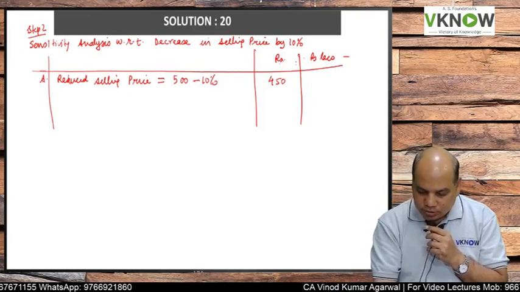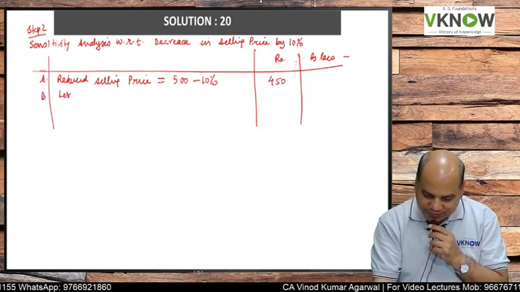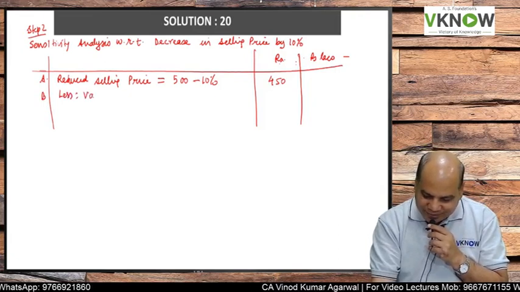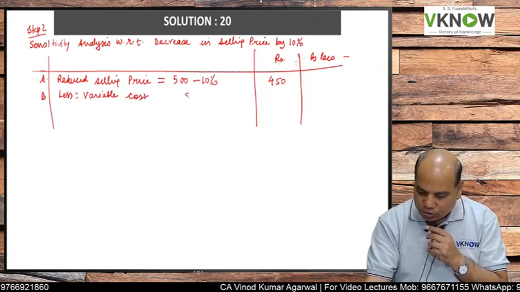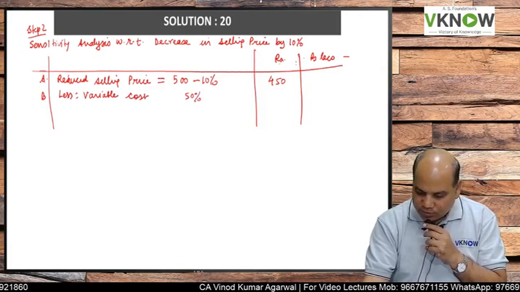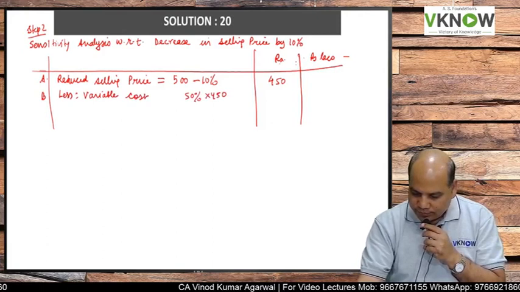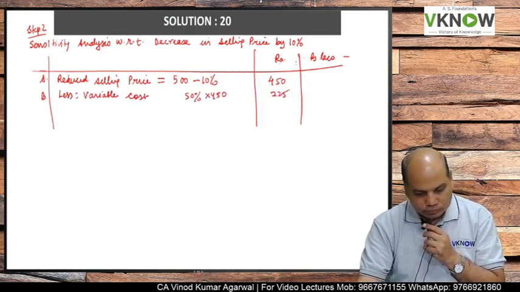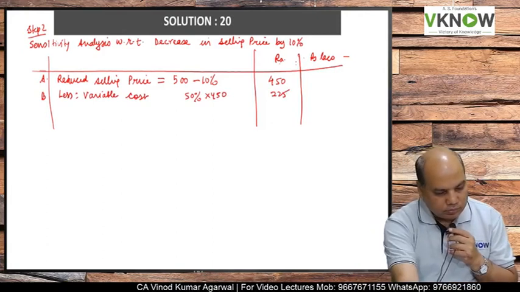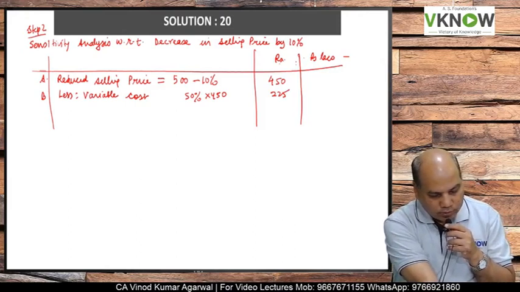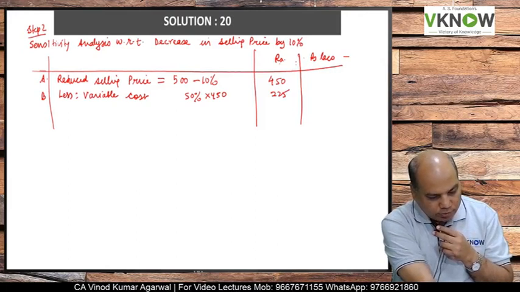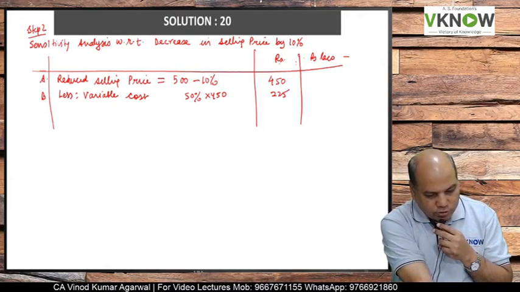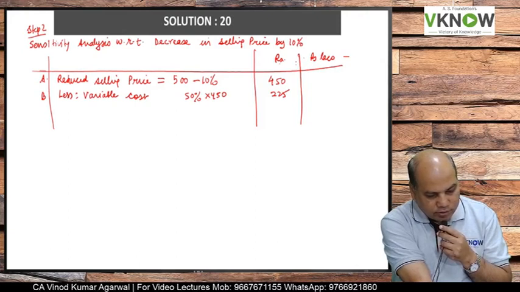No, you were saying some other thing. For years now, there is no change. Less variable cost. So variable cost will also accordingly be 50% of 450. Yes or no? How much? 225. Wait a minute. In the institute answer, they have not adjusted the variable cost.